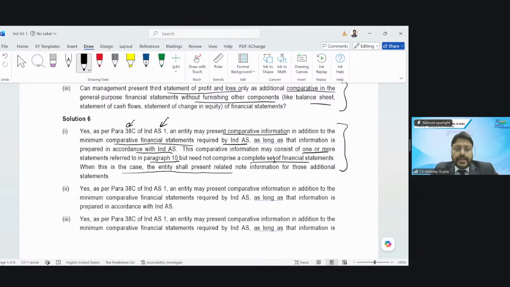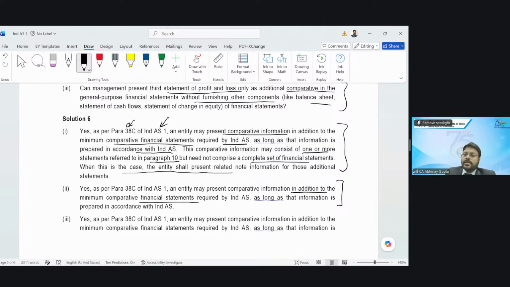As per para 38C of Ind AS 1, an entity may present comparative information in addition to the minimum comparative financial statements required by Ind AS, as long as that information is prepared in accordance with Ind AS, right? So whatever third column you are going to present, it has to be in compliance with Ind AS. That is the requirement from para 38C of Ind AS 1.